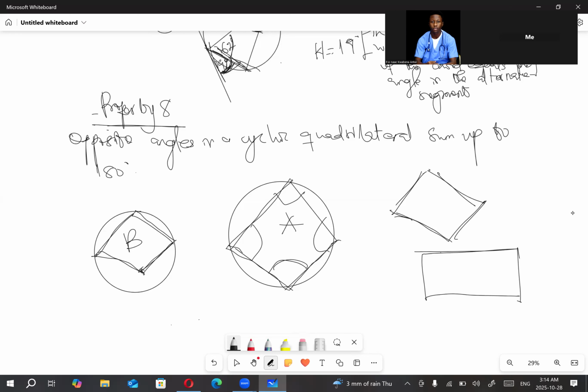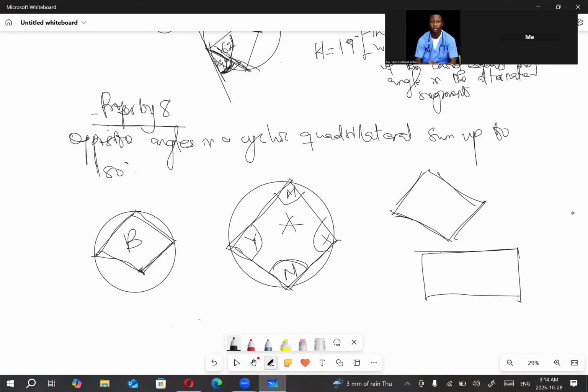If it's cyclic, then the opposite angles sum up to 180 degrees. Angles that add up to 180 degrees, what other name do we give to them? We say they are what? Complementary? No. Supplementary. All right.